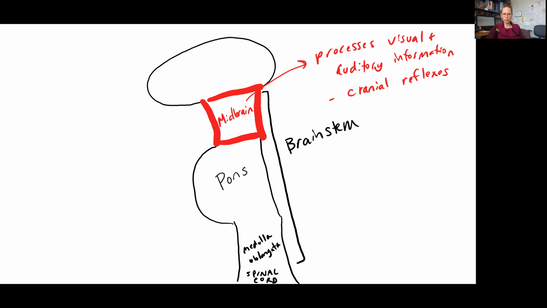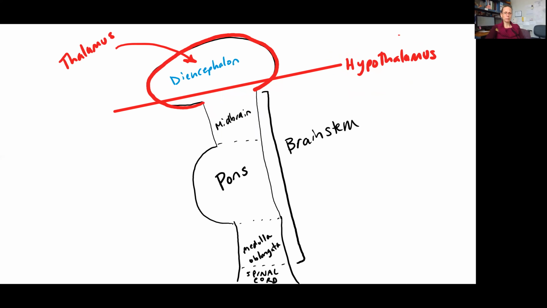So these are some examples of cranial reflexes being processed at those superior and inferior colliculi that you're studying as part of your lab work. The midbrain is also important in helping to maintain consciousness. So we're seeing that the brain stem itself consists of the medulla oblongata, the pons, and the midbrain.